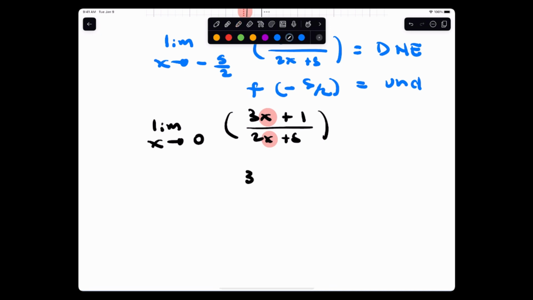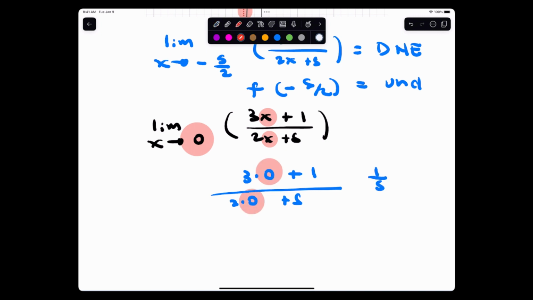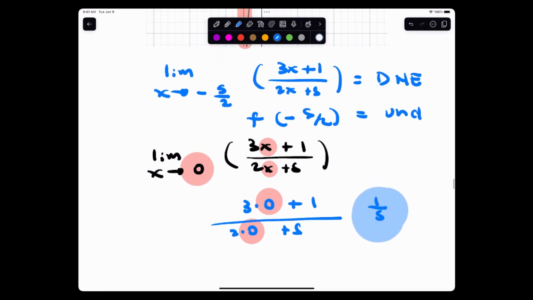So say, let's use 3 times 0 plus 1 over 2 times 0 plus 5 by direct what? Sub. And that's just 1 what? 5th. Bless you. Easy peasy lemon squeezy.